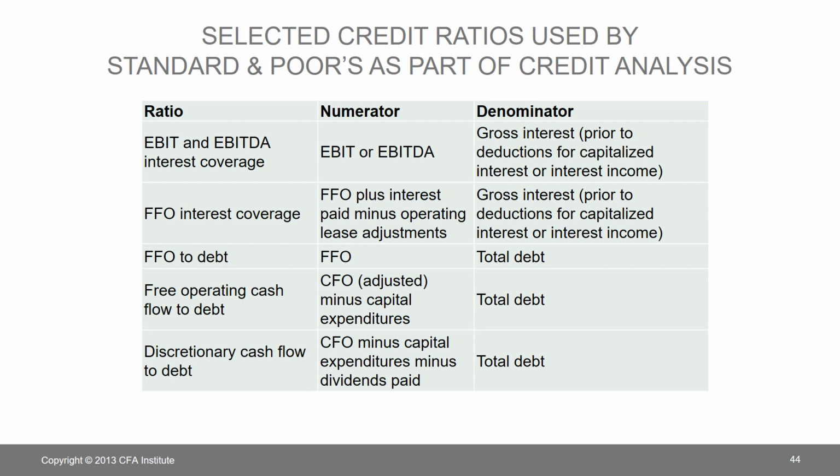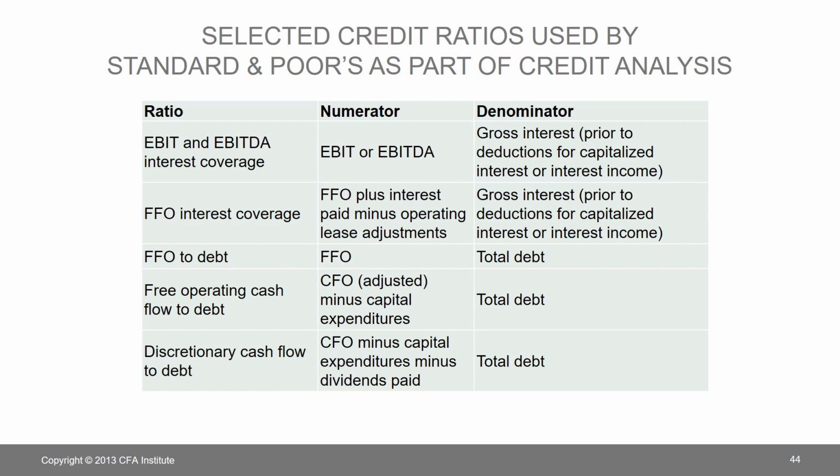Now, in assessing credit ratings, rating agencies emphasize the importance of the relationship between a company's business risk profile and its financial risk. The company's business risk profile determines the level of financial risk appropriate for any rating category. In other words, a company with lower business risk has the ability to take on more financial risk.